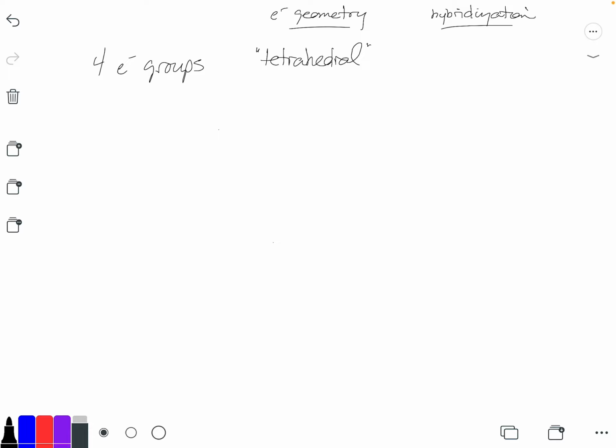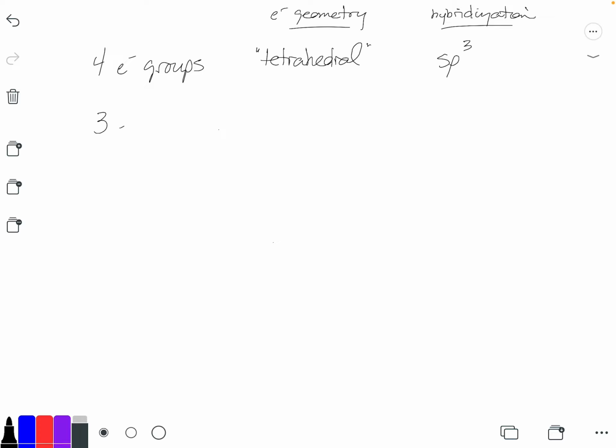So for organic chemistry, what we're talking about is having 4 electron groups around a central atom. In Gen Chem, we would have used the description to say it's a tetrahedral framework or a tetrahedral electron geometry. And now we're going to say that when we talk about hybridization, that atom is sp3 hybridized.